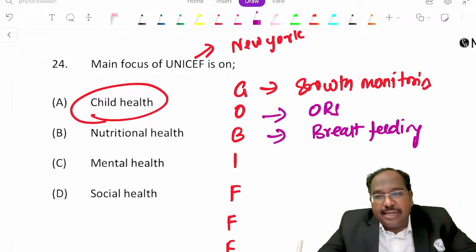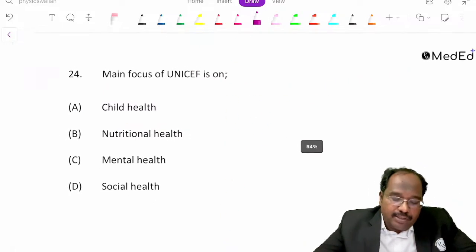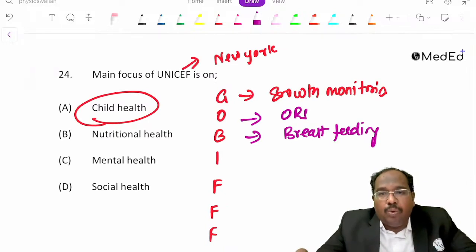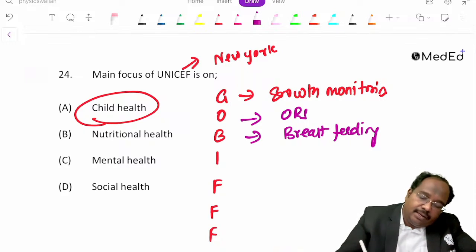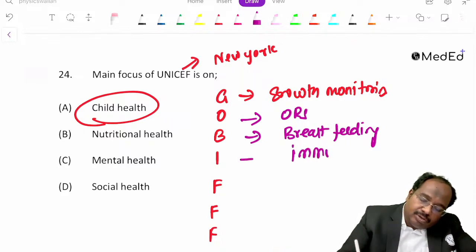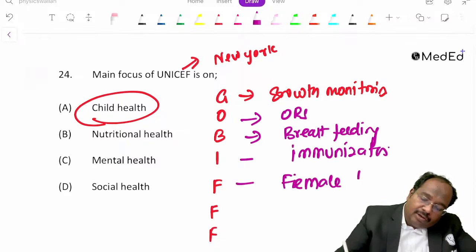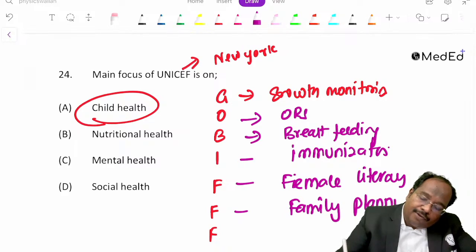It's an international agency that focuses on child health. That is growth monitoring, ORS, breastfeeding, immunization, female literacy, family planning and food fortification.